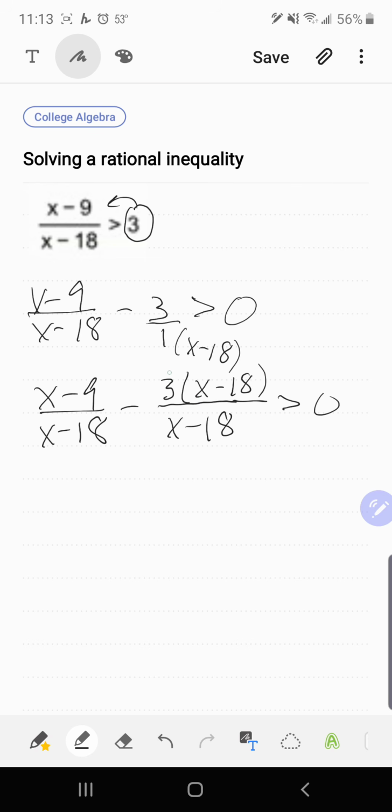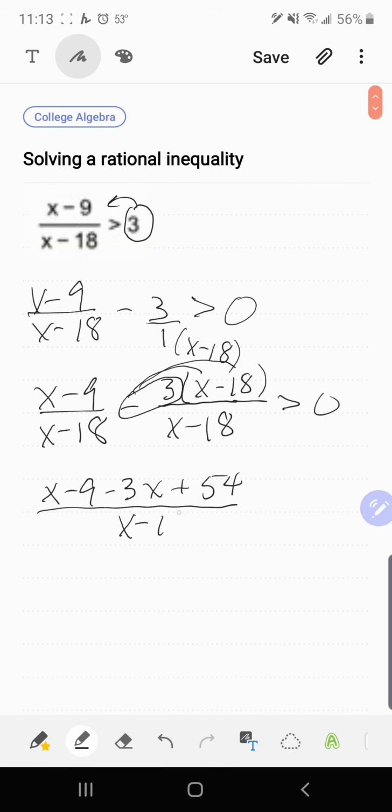Okay, next step, we're going to distribute, in this case, the negative 3, and that's going to give us x minus 9 minus 3x plus 18 times 3. Let's see here, 3 9 8 24, that's 54.